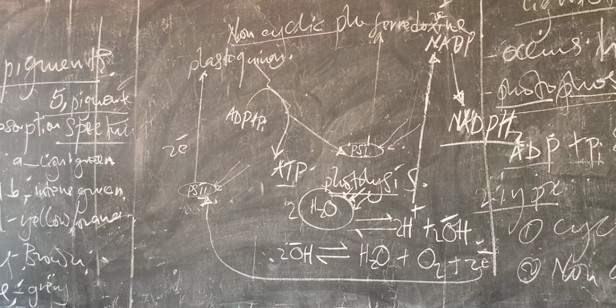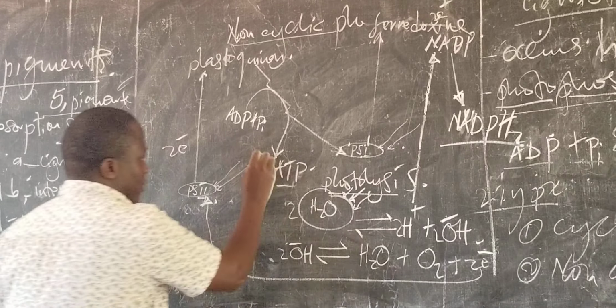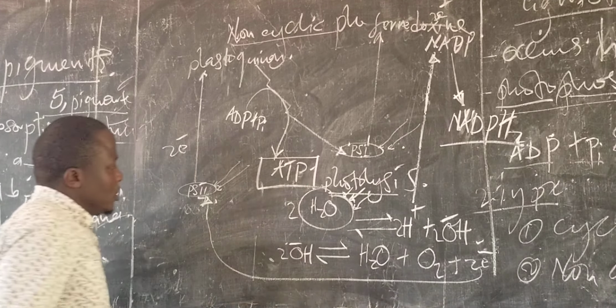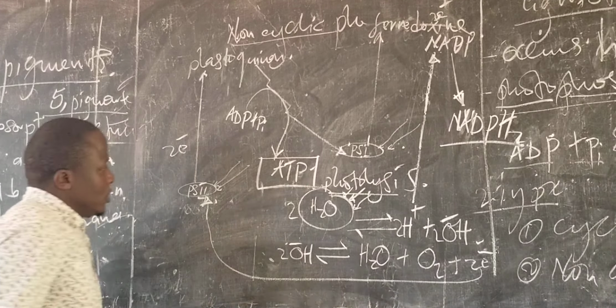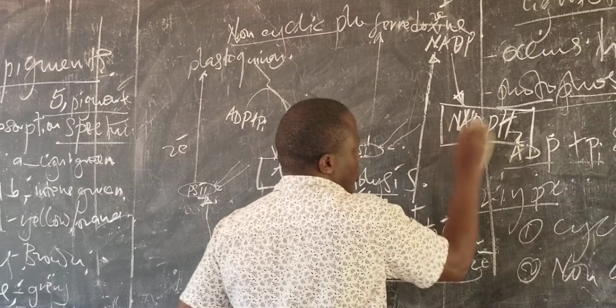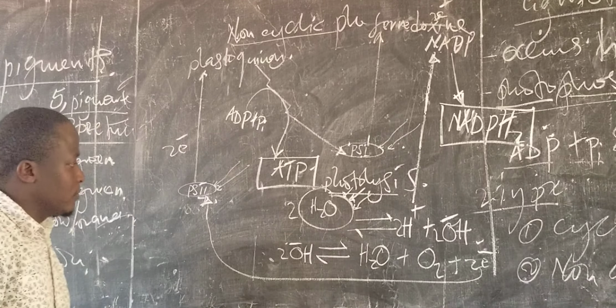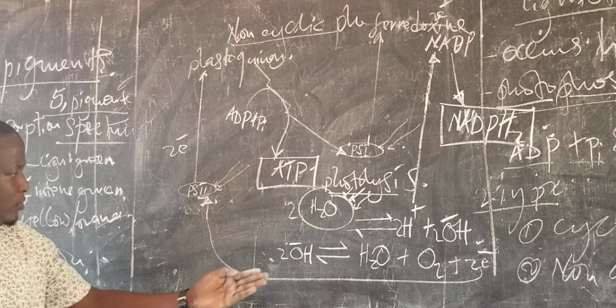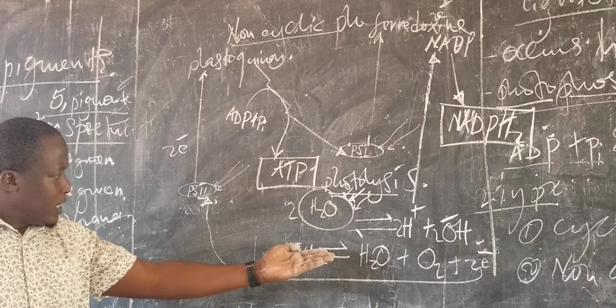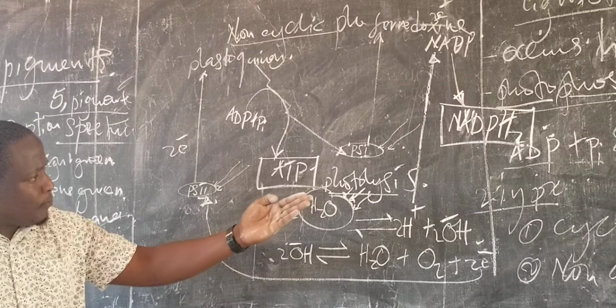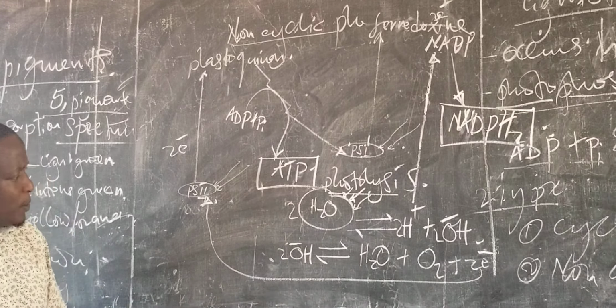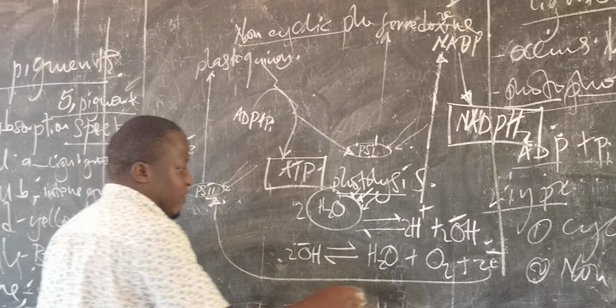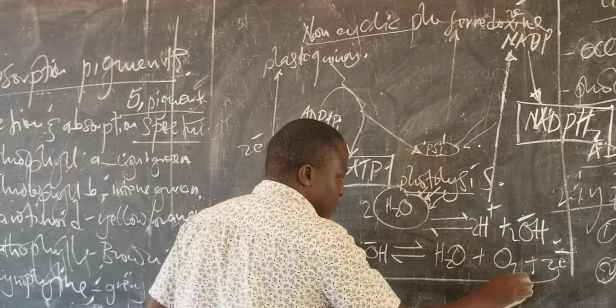And now that is non-cyclic phosphorylation. The products produced include ATP molecules, which are the products of interest, and the NADPH2. So I hope the students will now be able to tell, when they ask you from which molecule the oxygen produced during photosynthesis comes, that oxygen is coming from water.